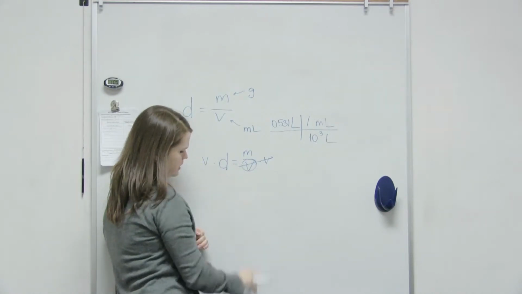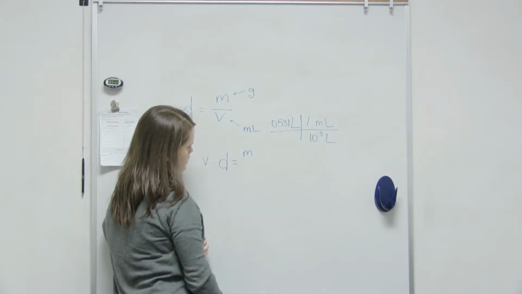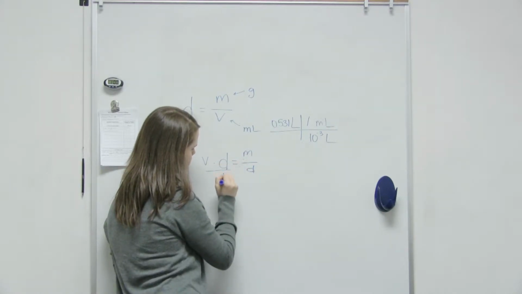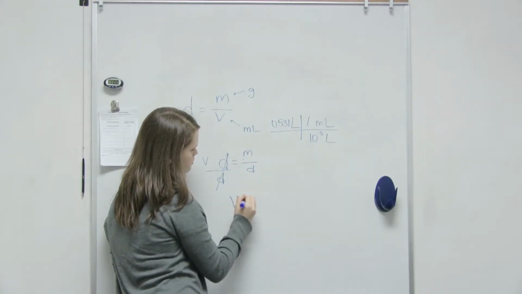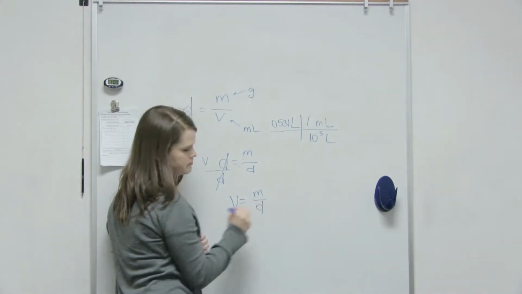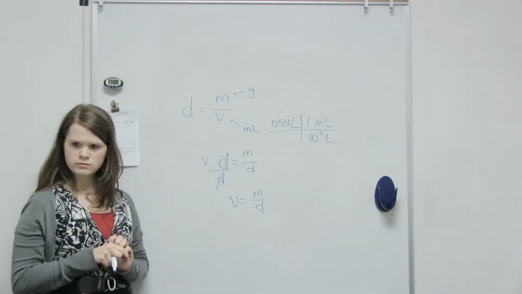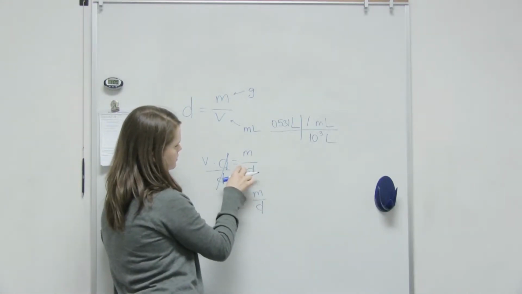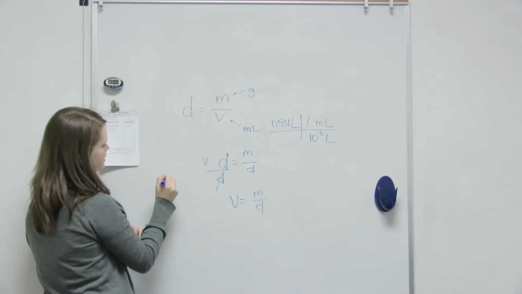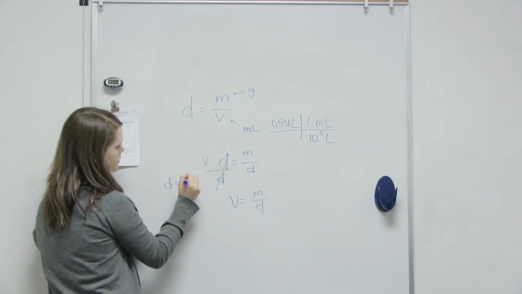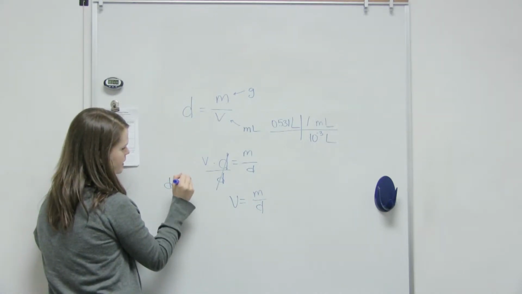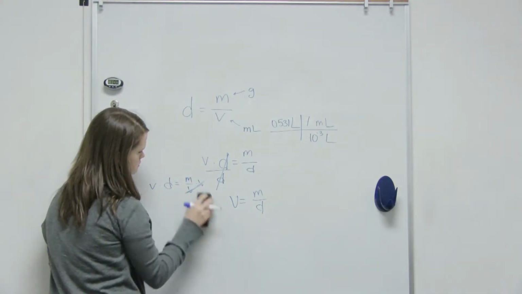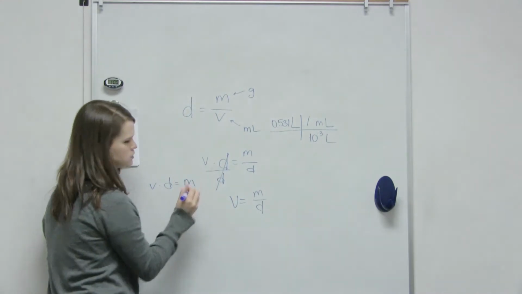And then volume's still not by itself, so we have to divide by density. So volume equals mass over density. A little bit of algebra right there. And one step before that, for the mass, if we had density equals mass over volume, we just need to get volume out of there. And then mass equals volume times density.